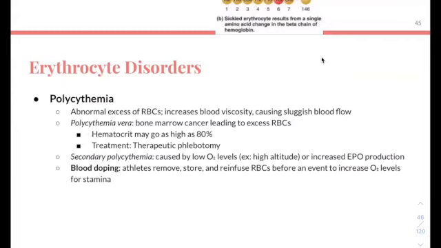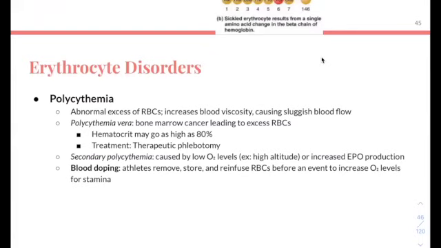If it's low oxygen at high altitude, you come down off that high altitude, that would fix that secondary polycythemia. Increased erythropoietin production, there's ways to calm that down or quiet it down so the production isn't as abnormal.